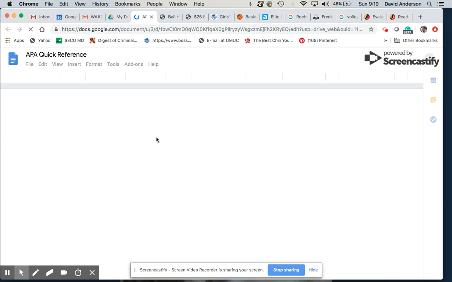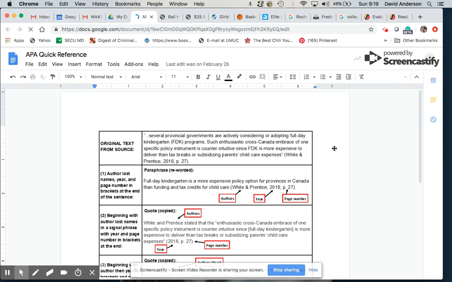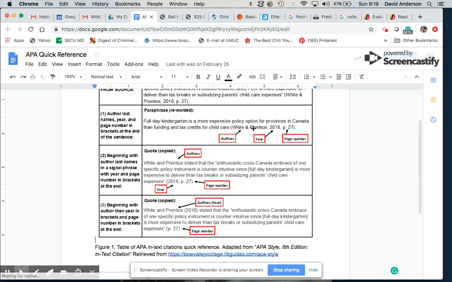This APA quick reference is located in the announcements and you'll be able to see it. It gives you the three basic types; there are multiple types of APA citations, but these are the three big ones. It shows you how and where all of the information goes. If you paraphrase or reword it, you want to put the author's names, date, and page number.